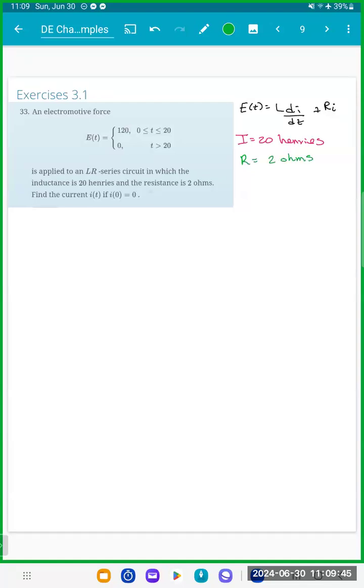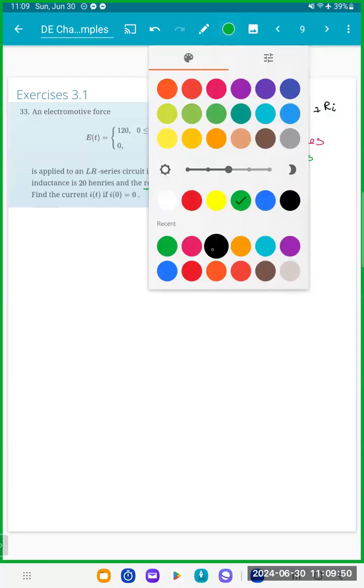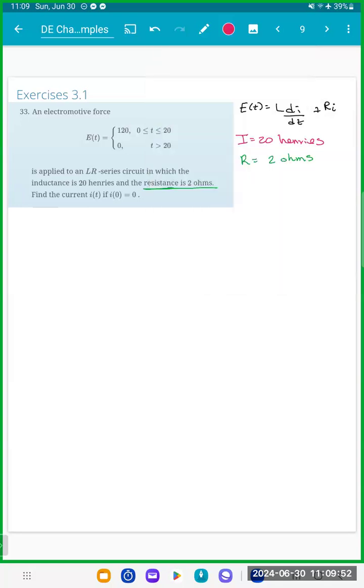Okay, so we have 2 ohms and then 20 henries.